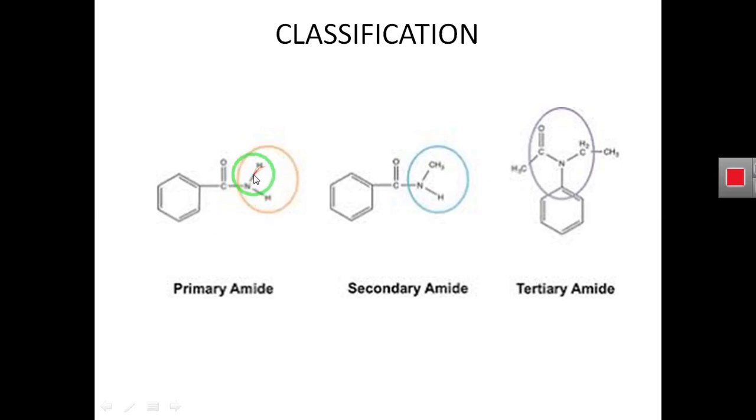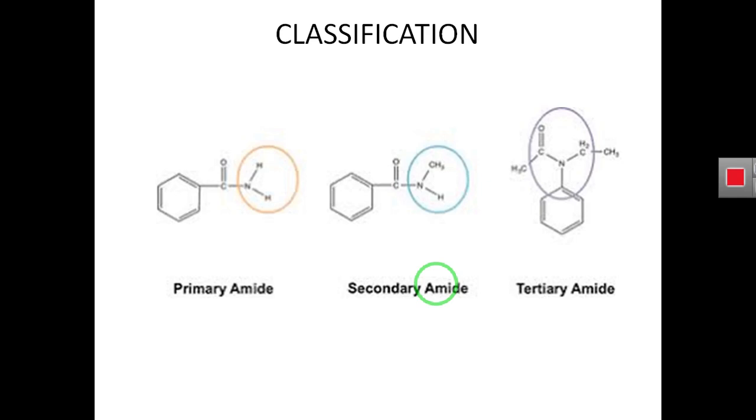And in the primary amide, nitrogen is attached to only one carbon atom, in the secondary amide, nitrogen is attached to two carbon atoms, 1 and 2, and in the tertiary amide, the nitrogen would be attached to three carbon atoms. So you just have to remember this, amides are classified on the basis of the carbon atoms that would be attached with the nitrogen atom of the amine group of the amide.